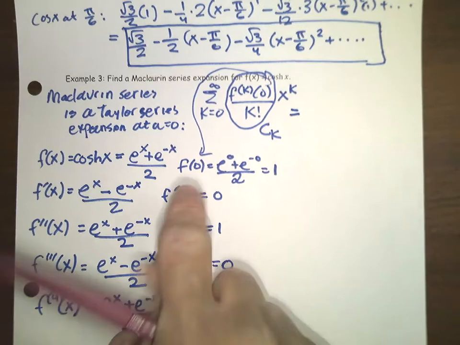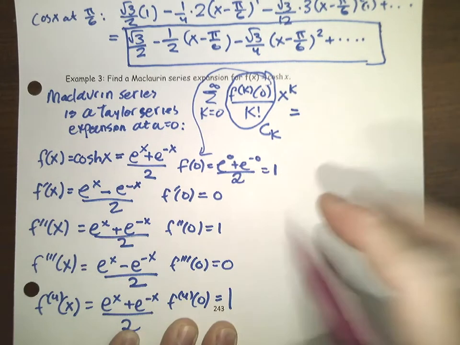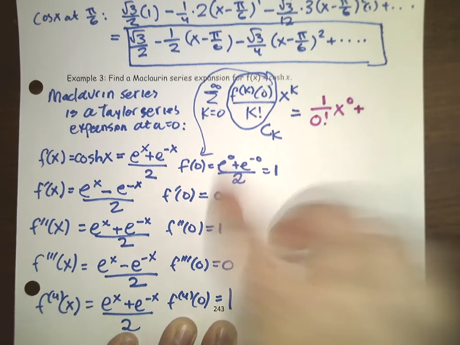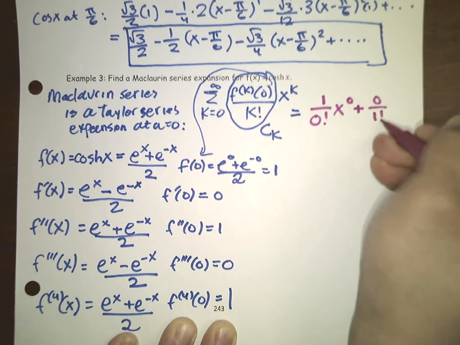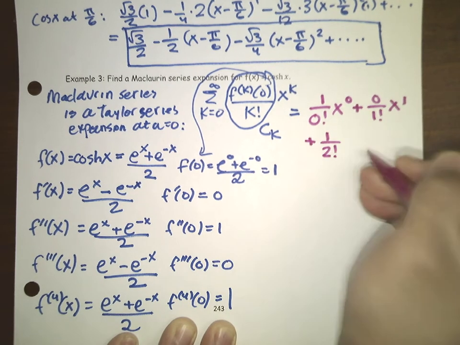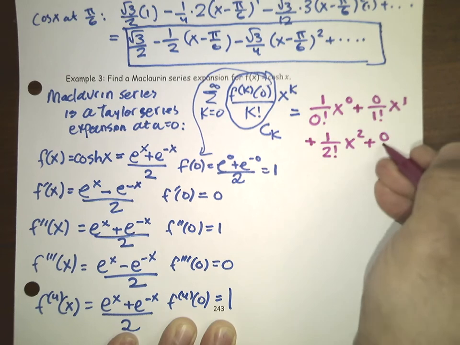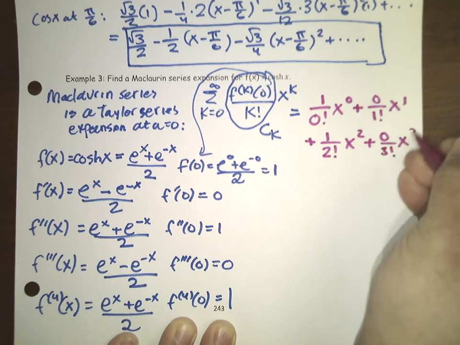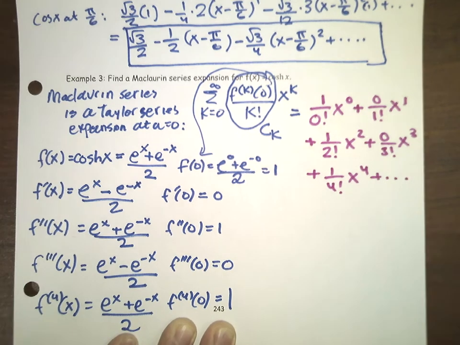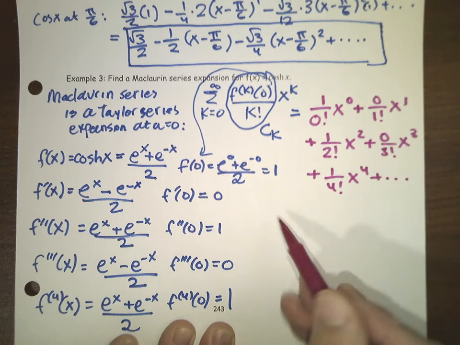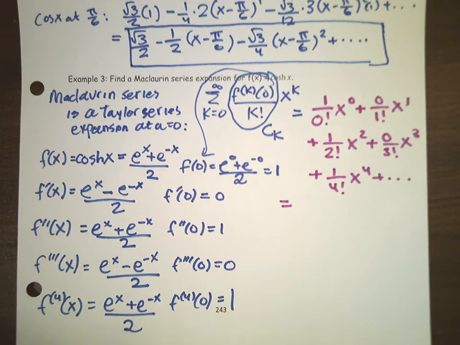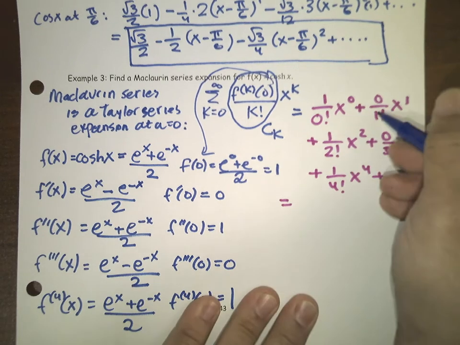So we have f of 0, that was 1 over 0 factorial x to the 0, plus 0 over 1 factorial x to the 1, plus 1 over 2 factorial x to the 2, plus 0 over 3 factorial x to the third, and then plus 1 over 4 factorial x to the fourth, and so on. Now if I look here, I can see that all of the odd power terms actually are zeroed out here.